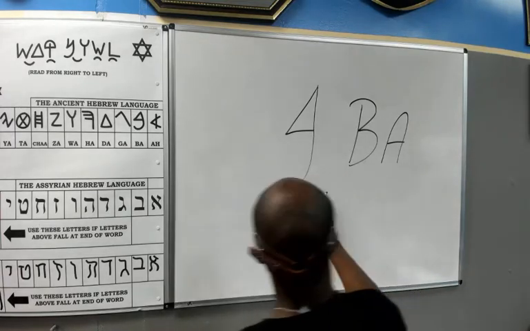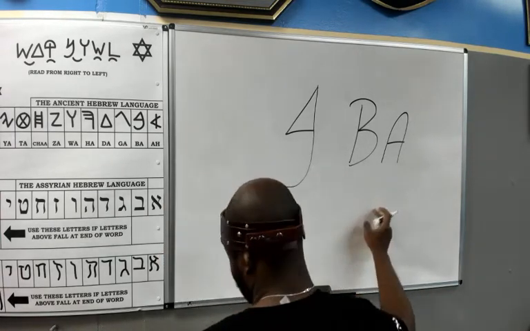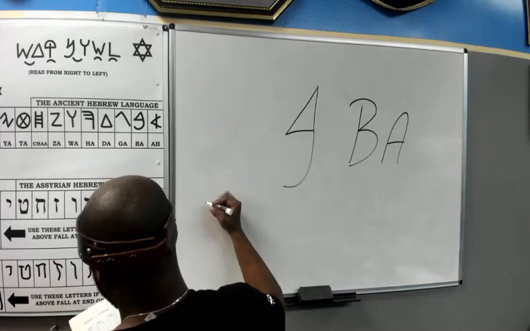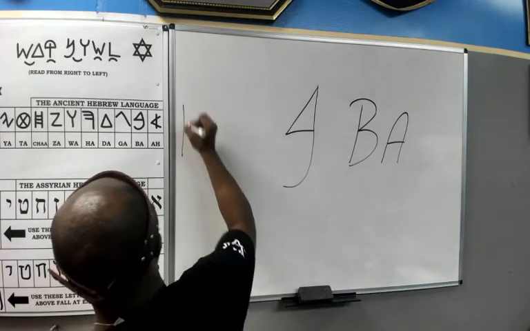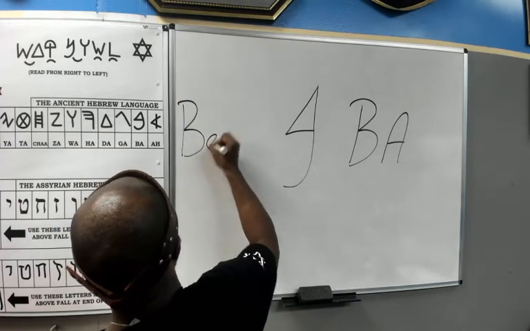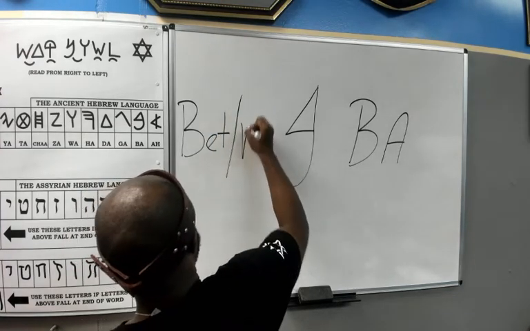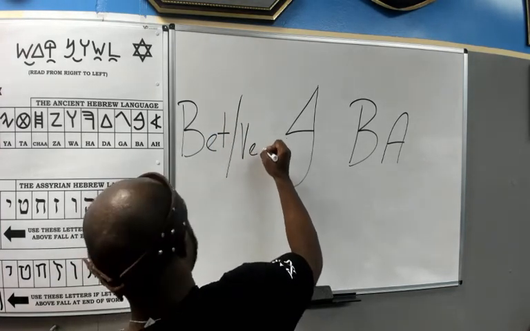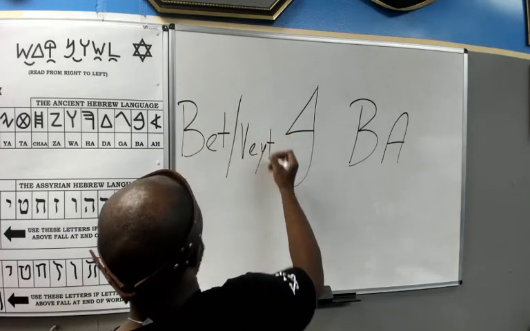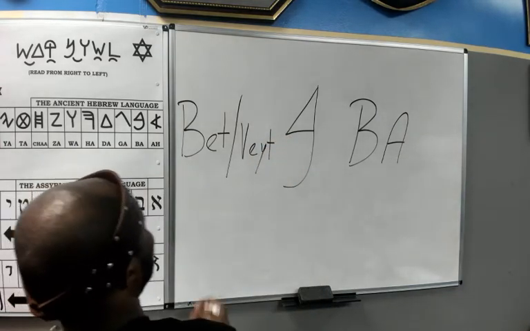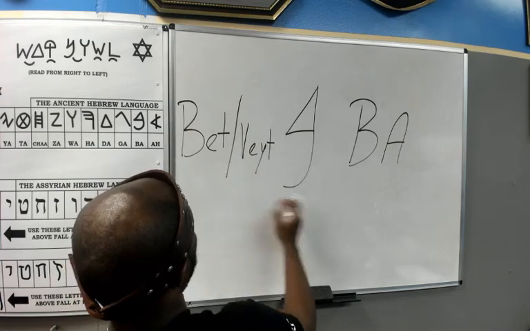It's the second letter in the Hebrew alphabet, which is Ba. Let me show you what the white man says. And he has two different examples. Bet. And whatever this is, bet. I understand. This is the incorrect version of Ba.